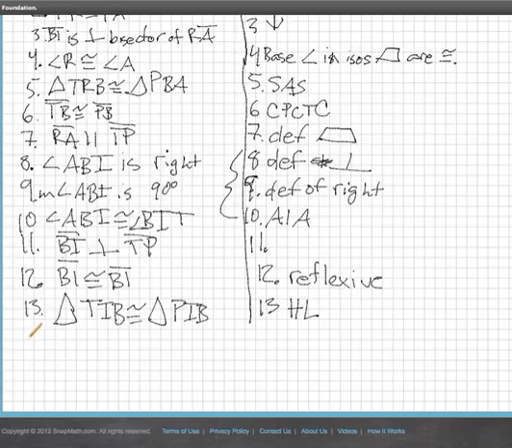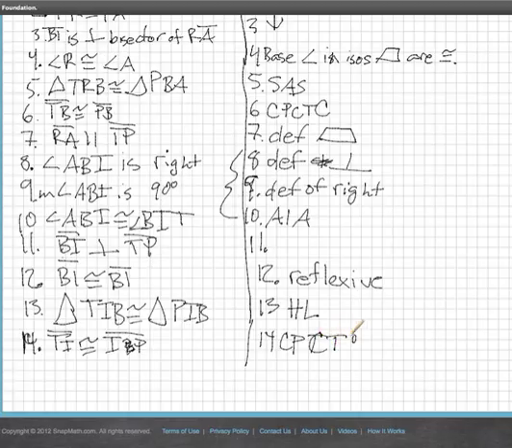And then we know that TI is congruent to IB, or sorry, IP, because of CPCTC again. And then finally we can prove it because we know that they're congruent and that they're perpendicular.